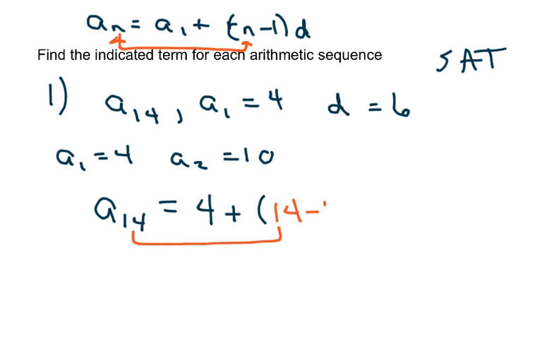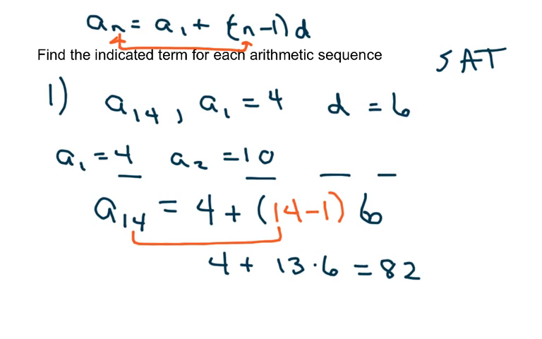So it's 14 minus 1 times your common difference, and our common difference they gave us is 6. So you get 4 plus 13 times 6, and that gives you 82. A lot faster than trying to list each term all the way up to the 14th term.